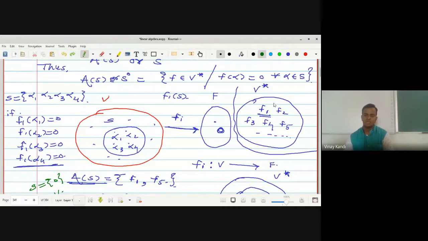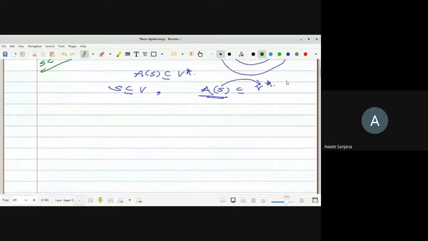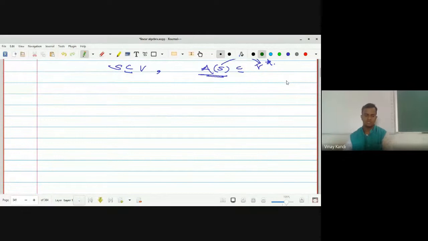So here A of S is a subset of V star and S is a subset of V. If f1 of S is equal to 0, f2 of S is equal to 0, f3 of S is equal to 0, f4 of S is equal to 0, then A of S is a subset of V star. Okay, any doubt up to here? No, sir.